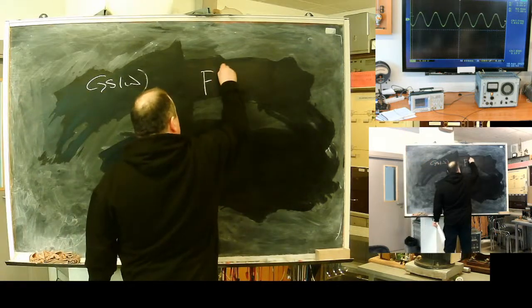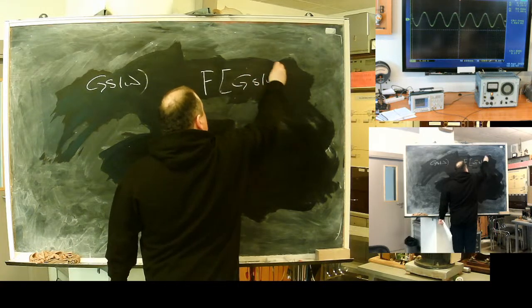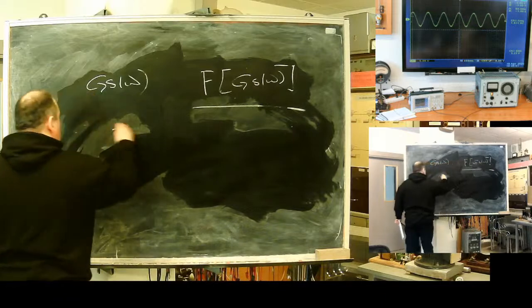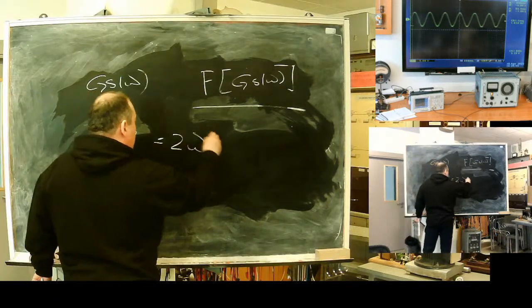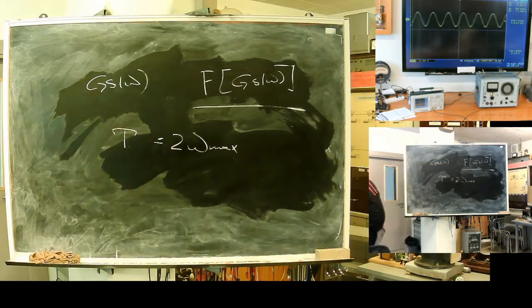I can perform a Fourier transform on this function. In this case, the period, if we can call it a period, will be double omega max. Double the frequency range.